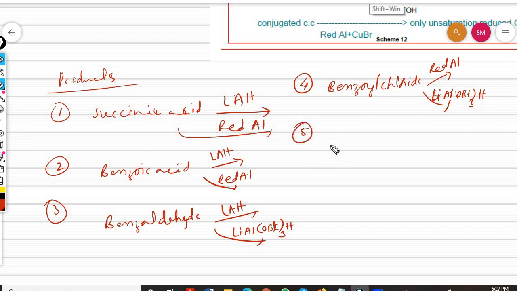Next, benzoate treated with Red-Al. Next, cinnamaldehyde.